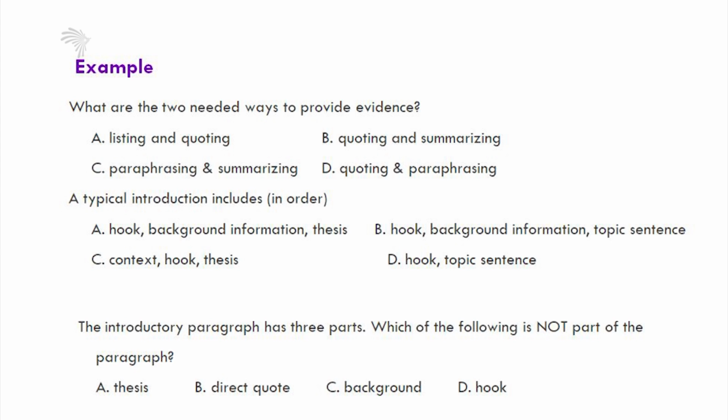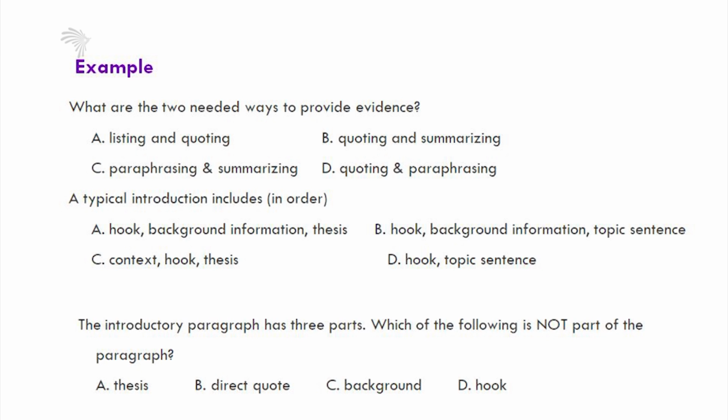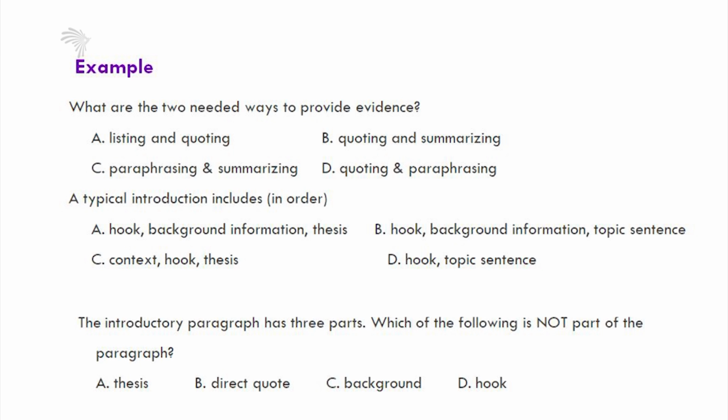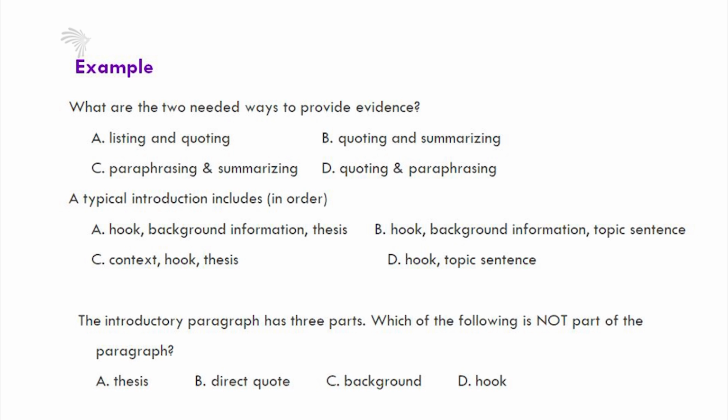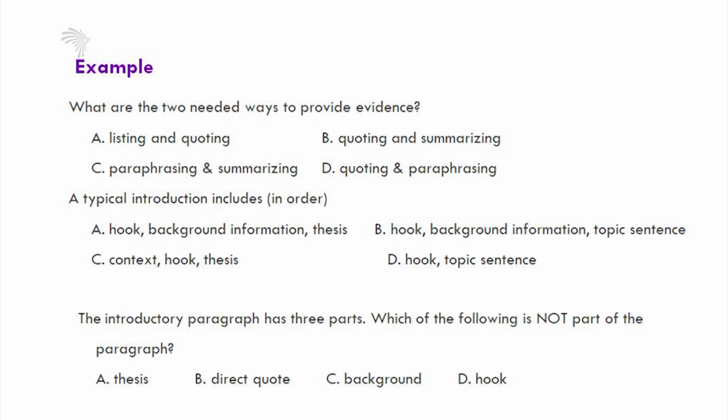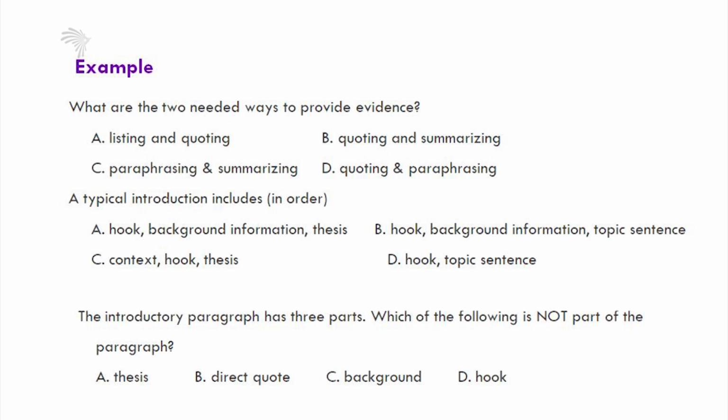Trying B, topic sentences are not needed in this case; they are used in the body. C, context, hook, thesis. Context is not actually needed, since if you give background information, that would help explain the whole thing. D, hook and topic sentence. Topic sentences, as we said, are used in the body part. So A is the perfect structure of the introduction.